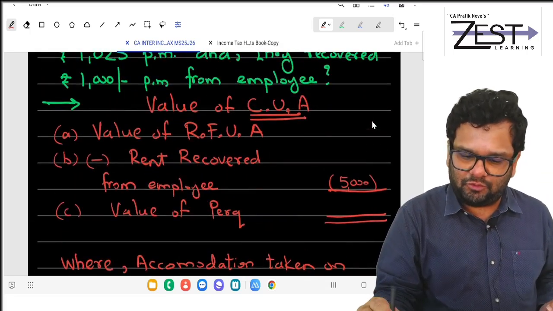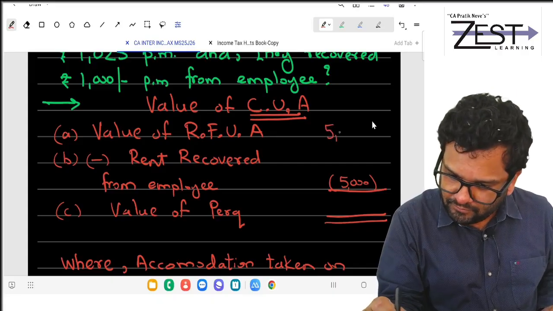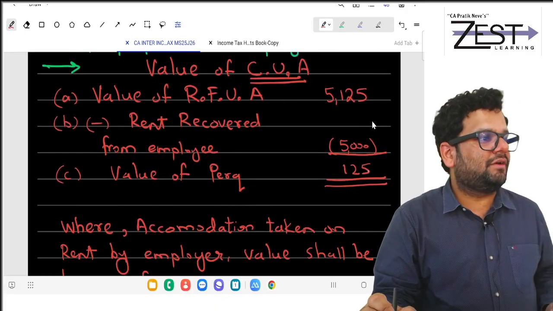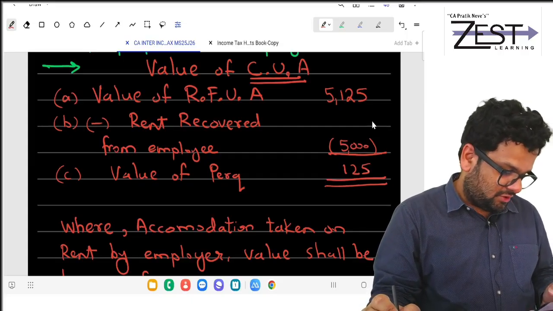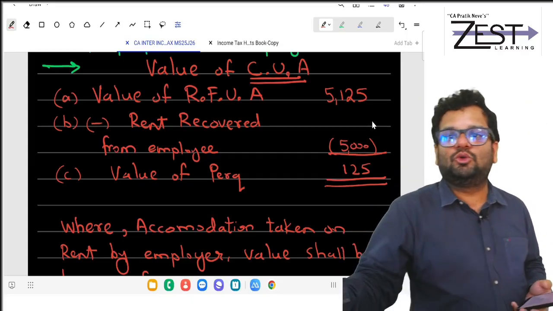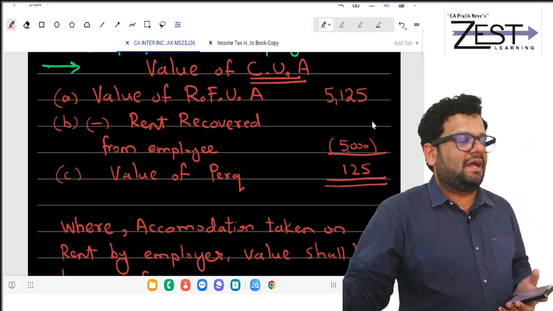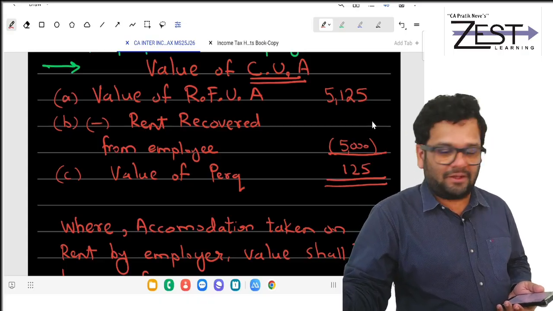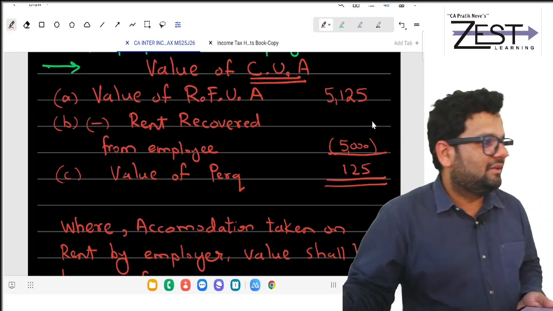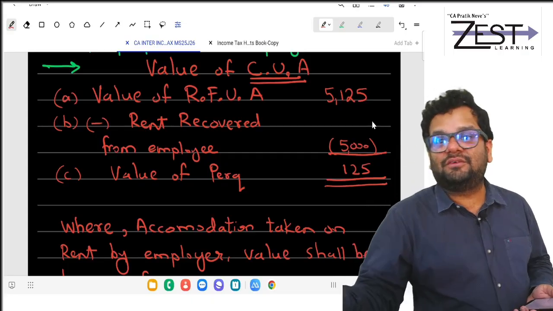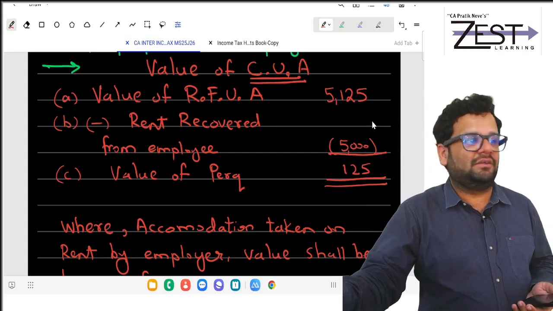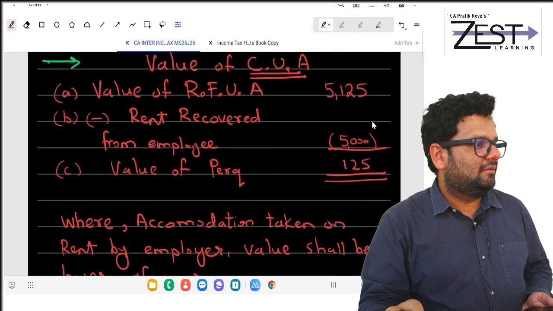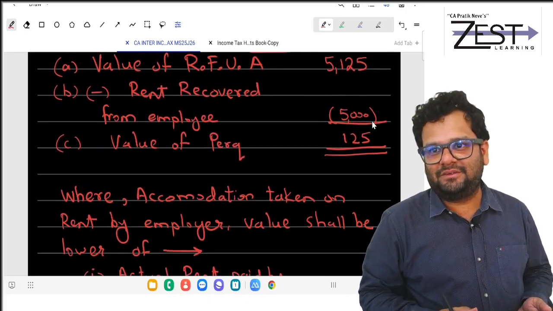Please pick up that 5125 minus 125. So sir, in the beginning only we could have done 1025 minus 1000. But I did not know, na. I had to take whichever is lower. So what if that 10% of salary was lower? So don't do that. Never shortcut. If it was advisable, I would have told you. But your answer could go wrong miserably.